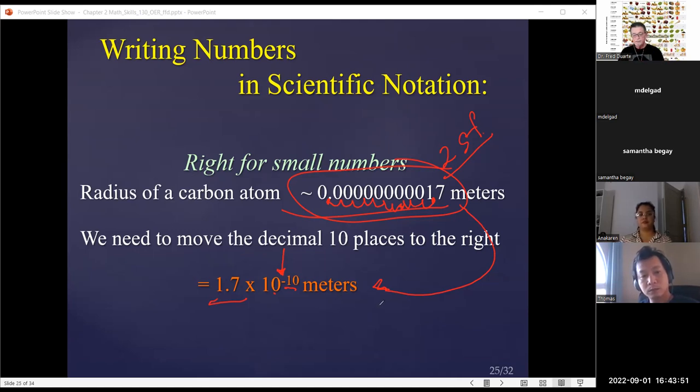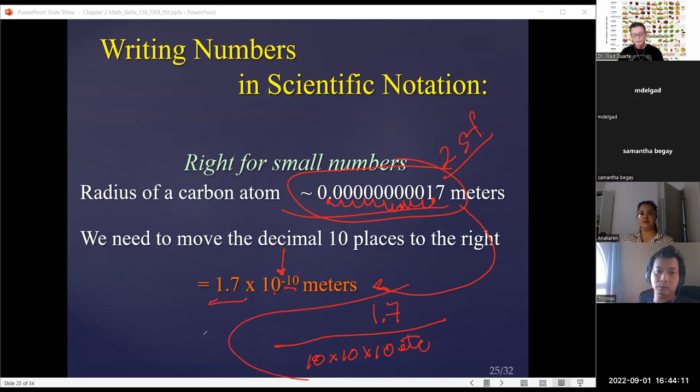This is nothing more than taking 1.7 and dividing by 10 times 10 times 10, etc. So I got 10 of them. That's just another way of writing that number, the negative.